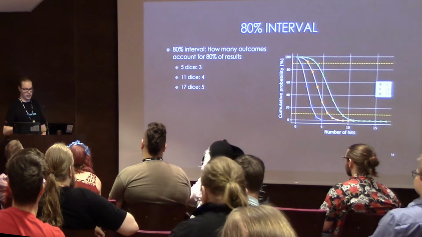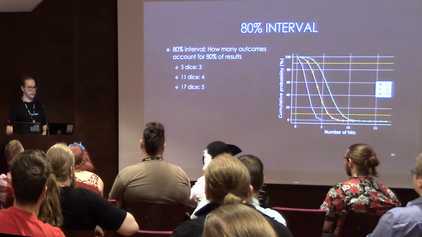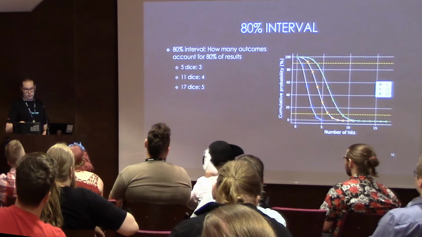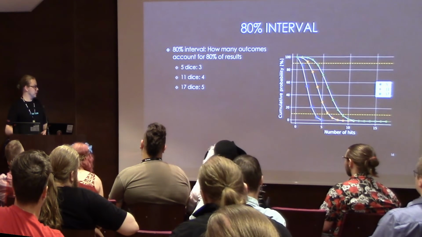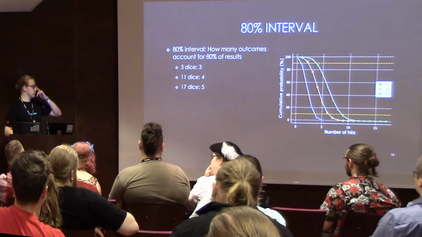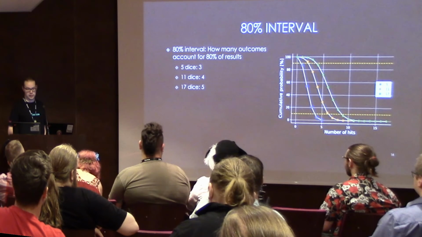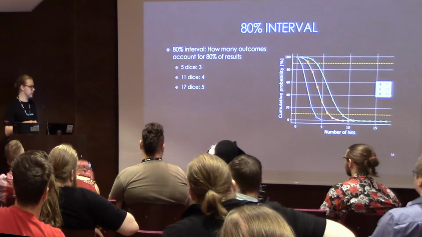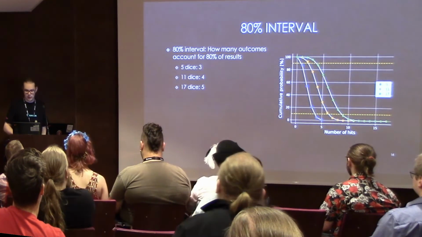If we increase the number of dice to 11, most often you're going to see these 4 results in the middle. And for 17 dice, there are 5 results that take up 80% of your time. Now, what instead happens is that what those results are, of course, changes. So with 17 dice, you of course see much larger results, a larger number of hits, than with 5 dice.